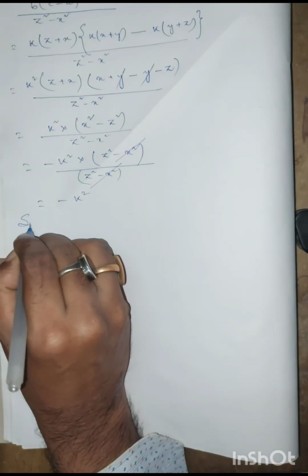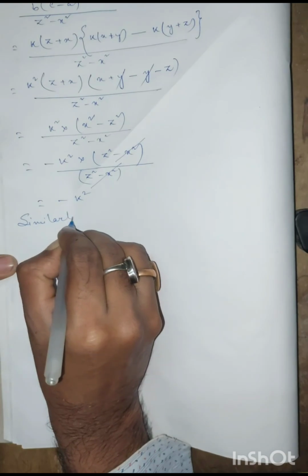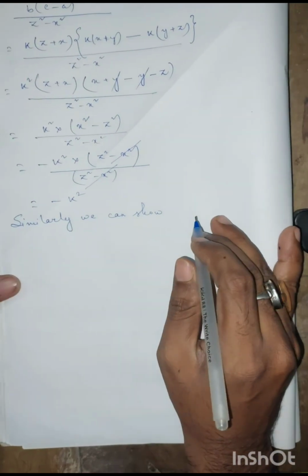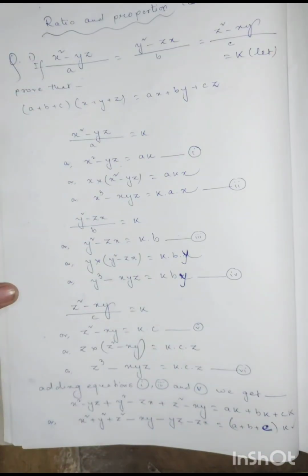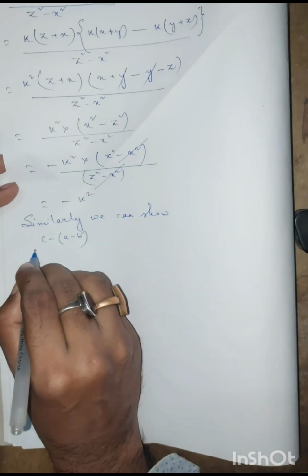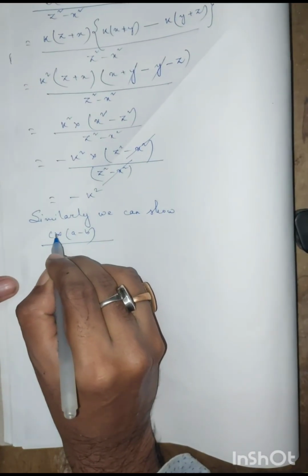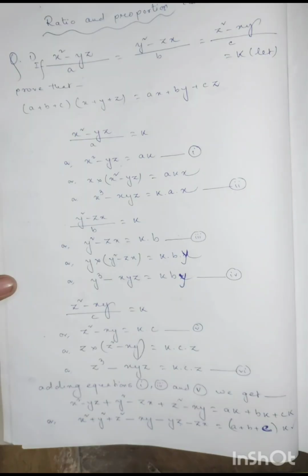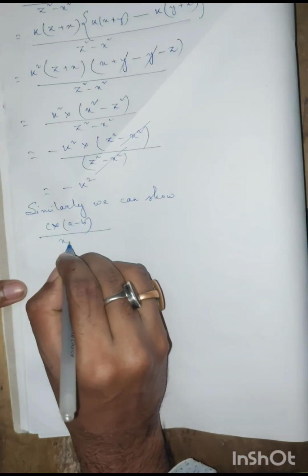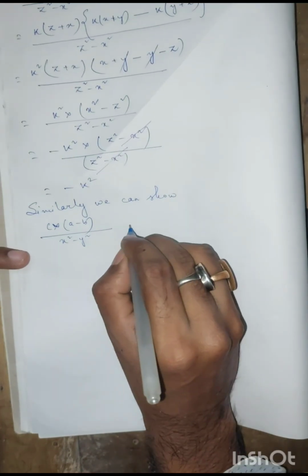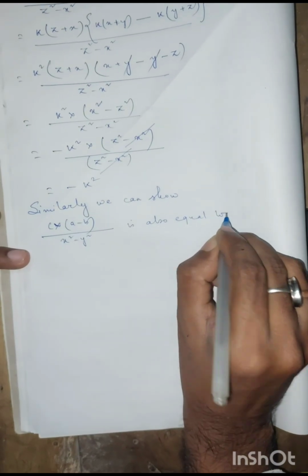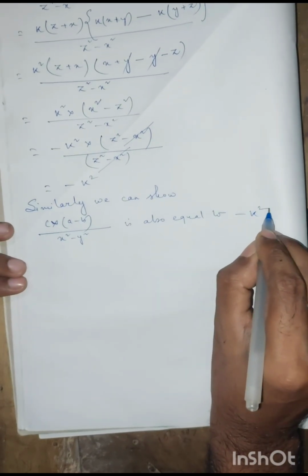Similarly, we can show the third ratio, that is c into (a minus b) by (x square minus y square), is also equal to minus k square.